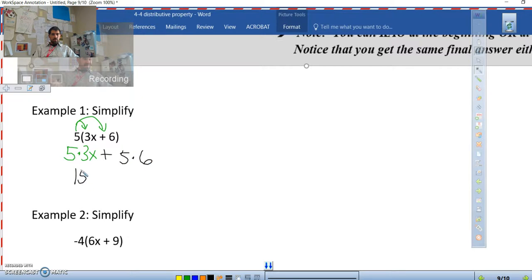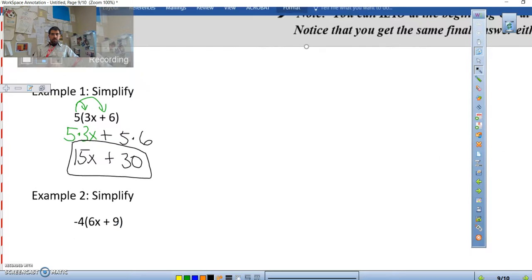So we get 15x plus 30 is our final answer. So 5 multiplied by 3x is 15x. 5 multiplied by 6 is 30. It's simplified. We can't combine anything now because we can't combine a term with an x with a constant.